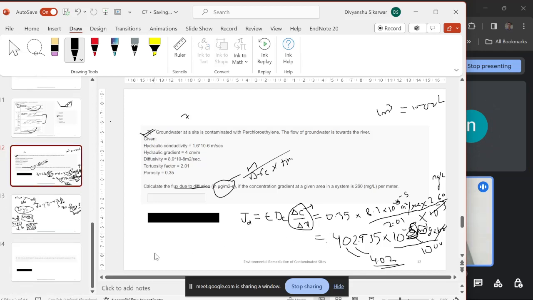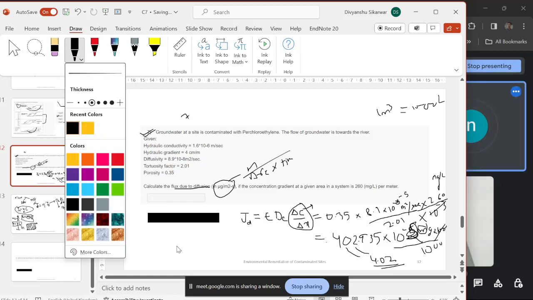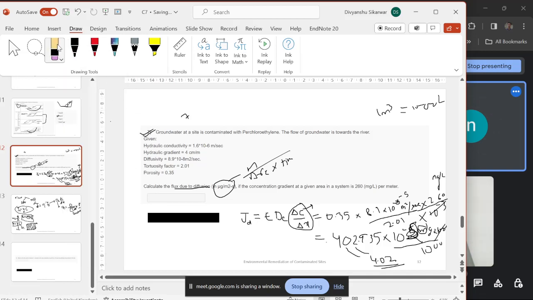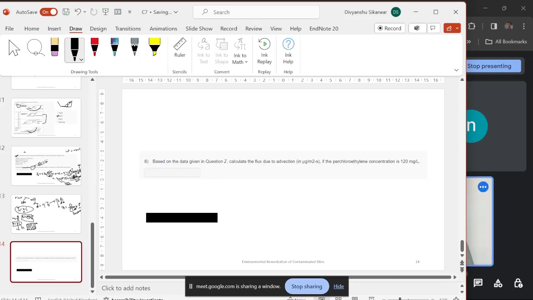Next problem I think we have to calculate the mass flux due to advection. This formula we already know. Darcy's concentration.